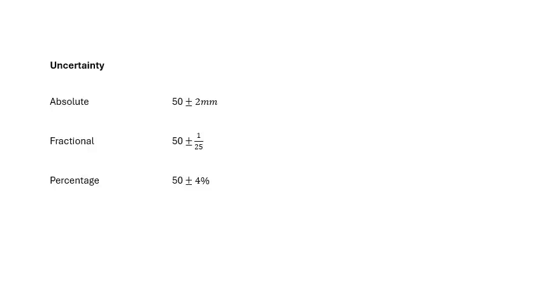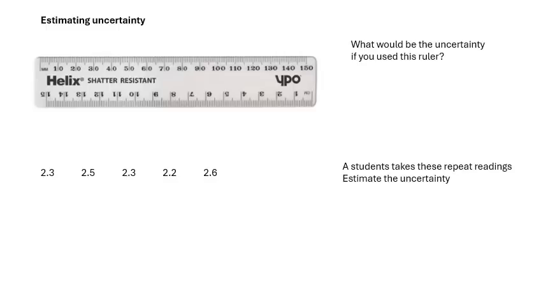So absolute uncertainty is what the uncertainty actually is. Percentage uncertainty, very important. How do you estimate uncertainty? And an important point is that you always estimate it. Because you're uncertain about it, by definition. If you use that ruler there, what would be the uncertainty?